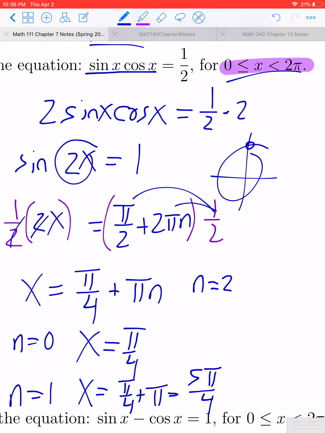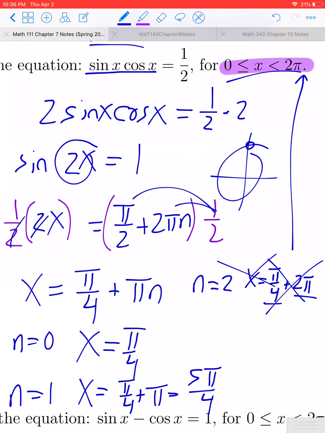Now, if n is equal to 2, then we would get x equals pi over 4 plus 2 pi, and that's already going to be too much. This is 2 pi plus an additional pi over 4, which would be more than 2 pi. So for any n 2 or more, those wouldn't work. So we get just these two solutions: x equals pi over 4 and x equals 5 pi over 4.